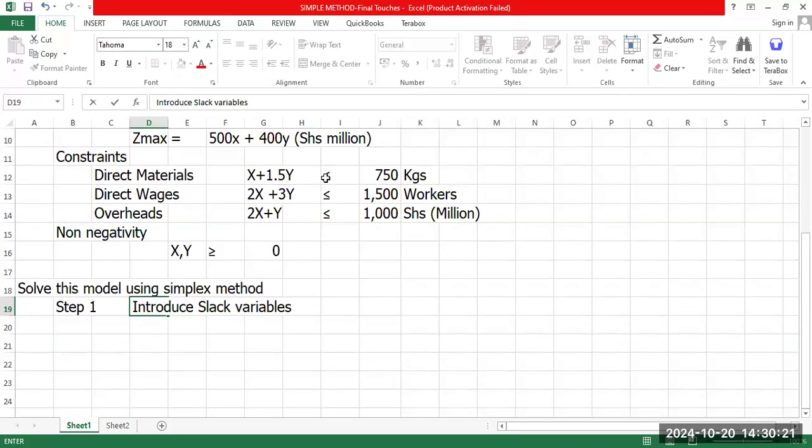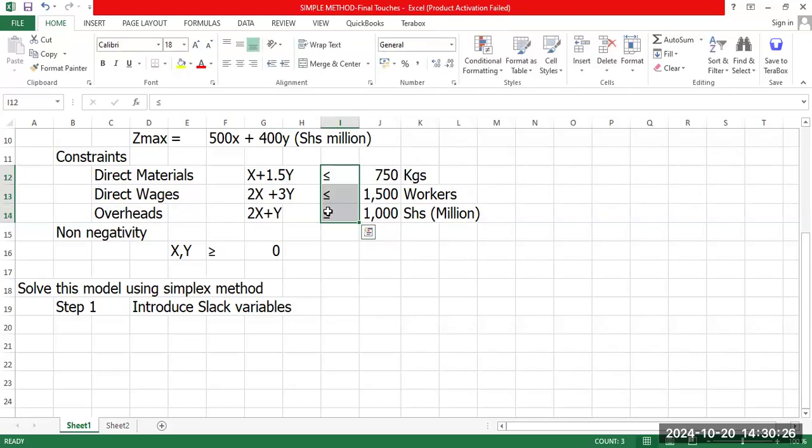You want to remove these inequalities and put equal signs. And these slack variables you are going to introduce will help you in the long run to know whether the company has fully utilized the resources available, or there are some unutilized resources.